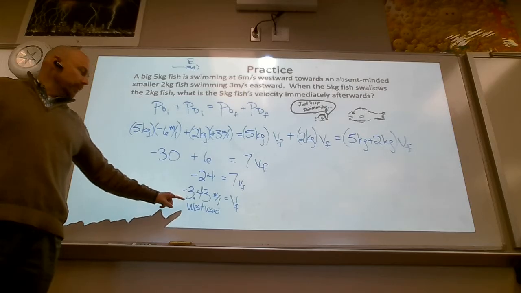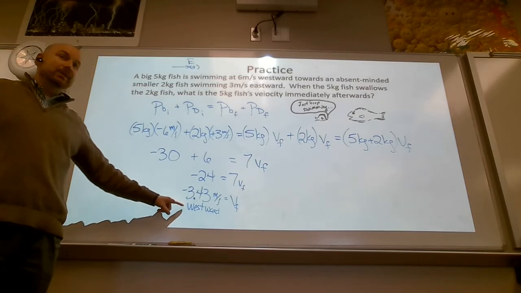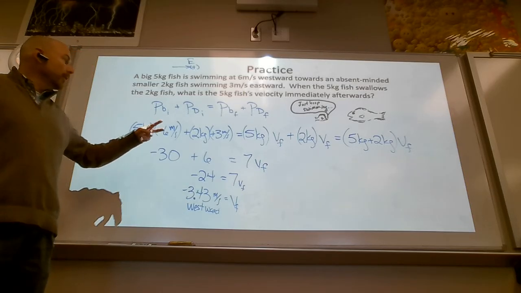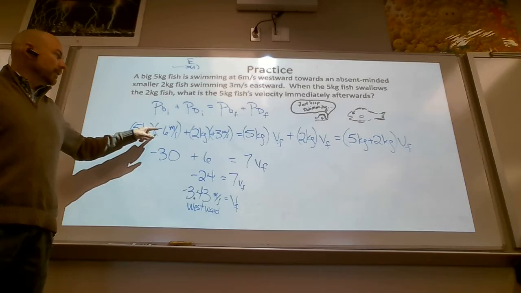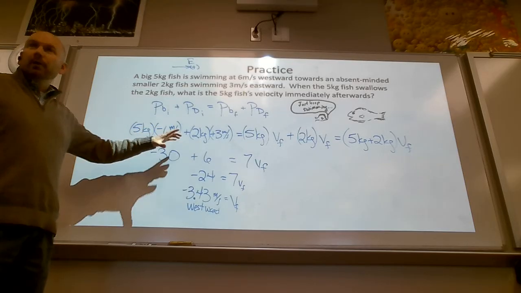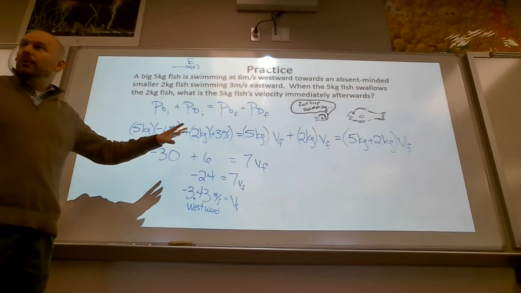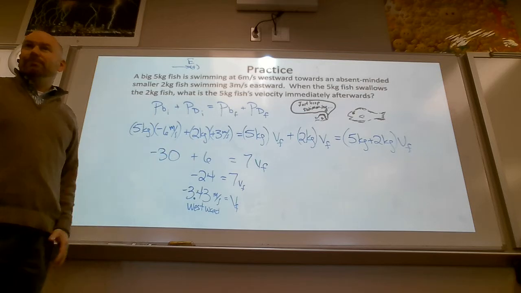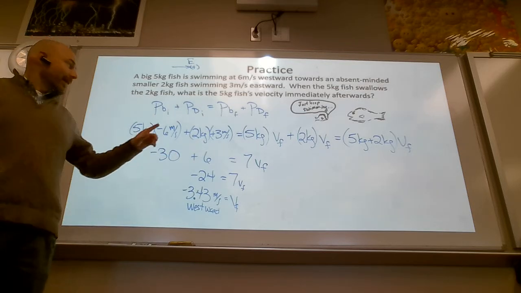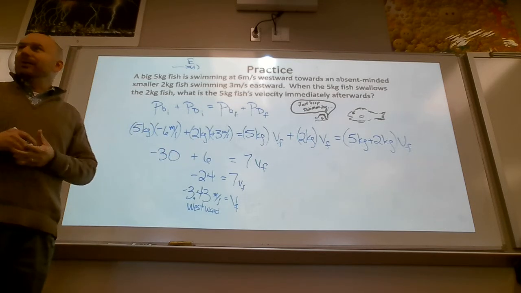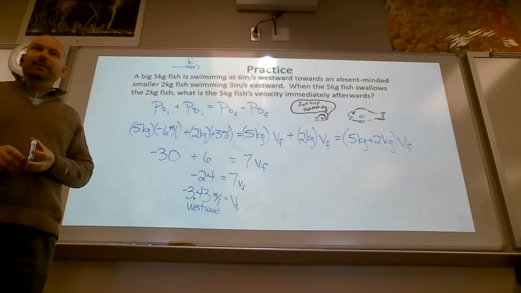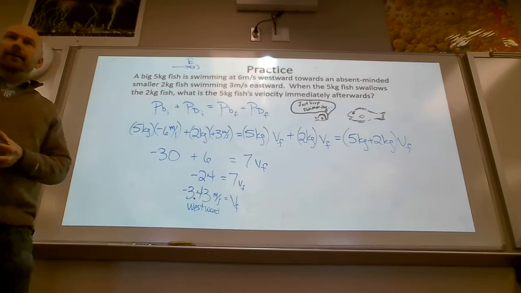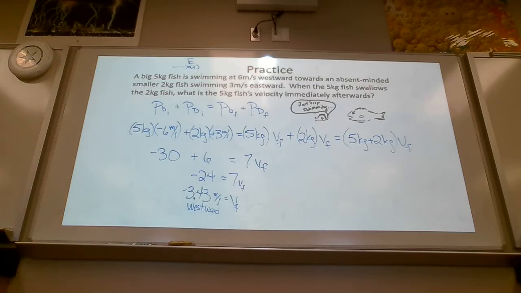A wrong answer would be 3.43 meters per second eastward. And then the other two wrong answers would be forgetting to do the negative sign here, whatever the wrong answer is, eastward, whatever the wrong answer is, westward. Assigning those signs is where you're going to get tripped up. Good?